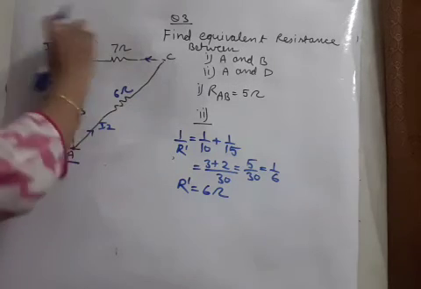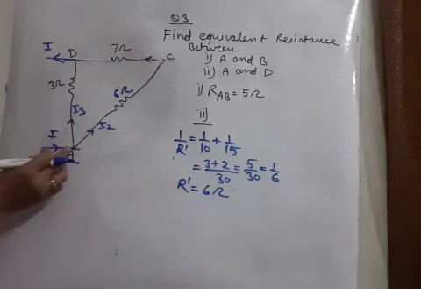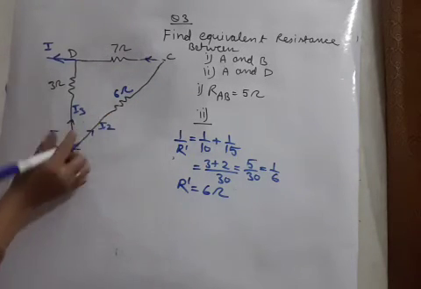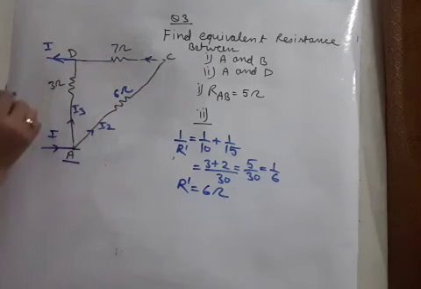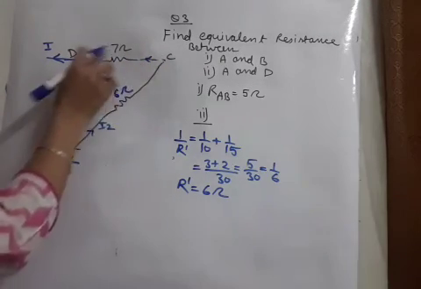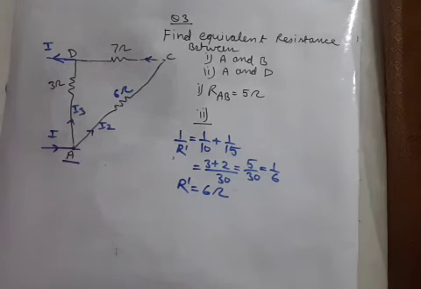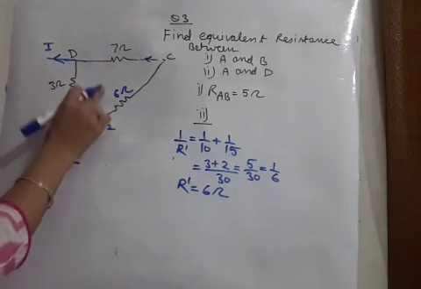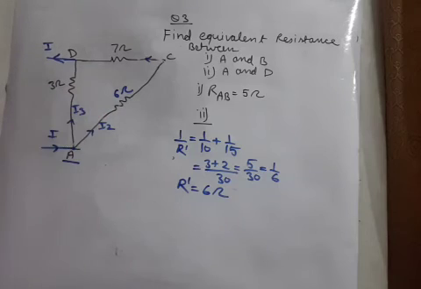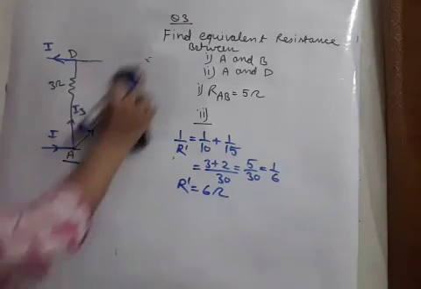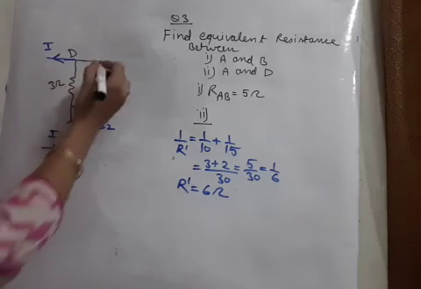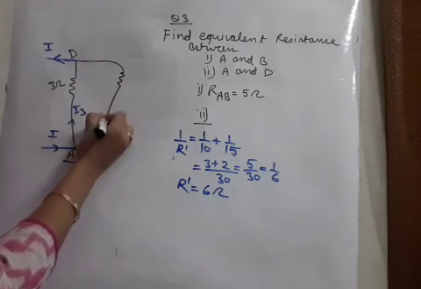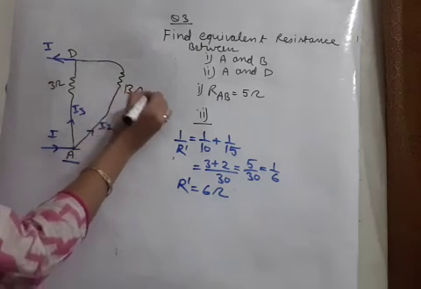So from A the current is flowing, and the same current is flowing in 7 ohm also. So 6 and 7 are carrying the same current, so they are in series. 6 and 7, the answer is 13 ohm. So we will replace both the resistances by one single resistance of 13 ohm.